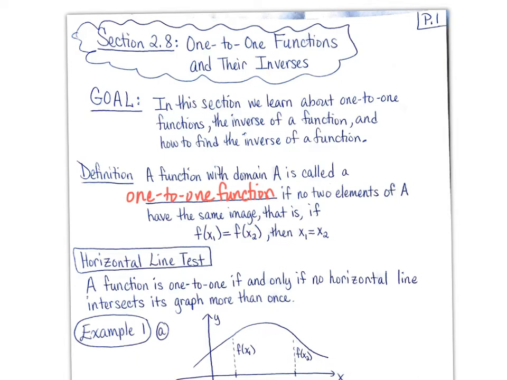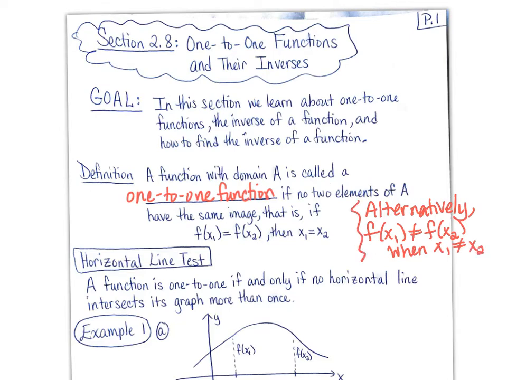Alternatively, some people write f of x1 is not equal to f of x2 when x1 is not equal to x2. So that's an alternate meaning for one-to-one. Okay?